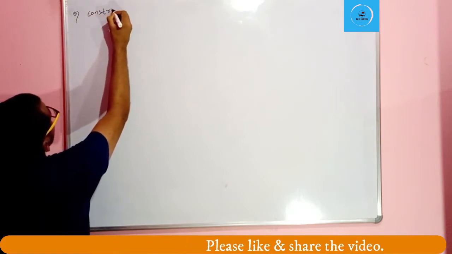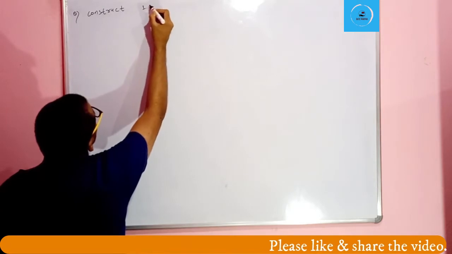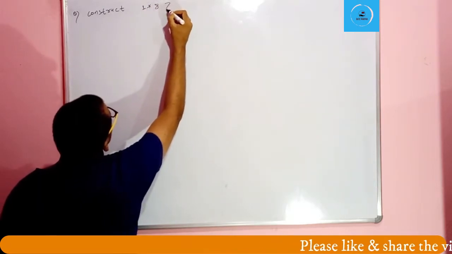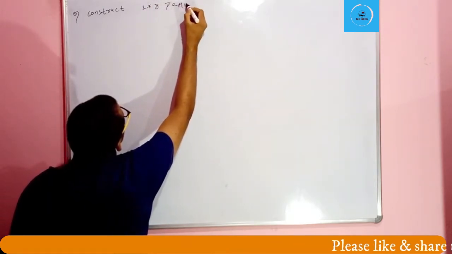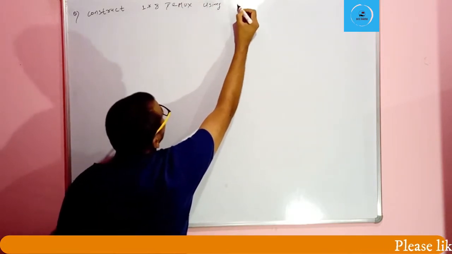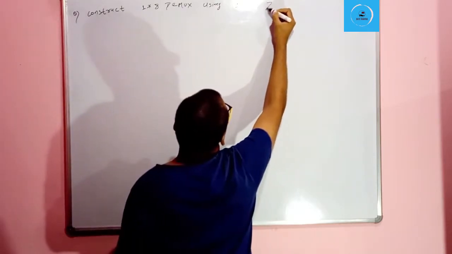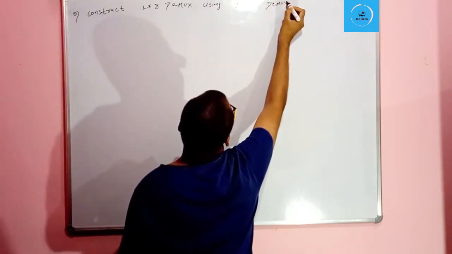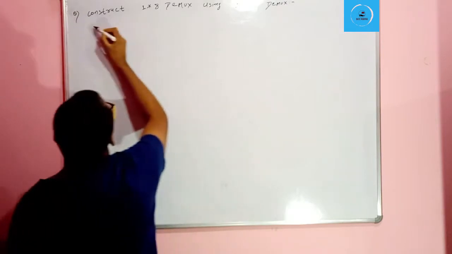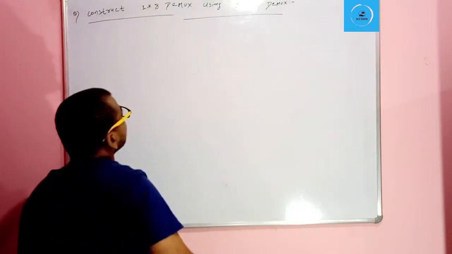So construct the 1:8 demux using the 1:2 demux.